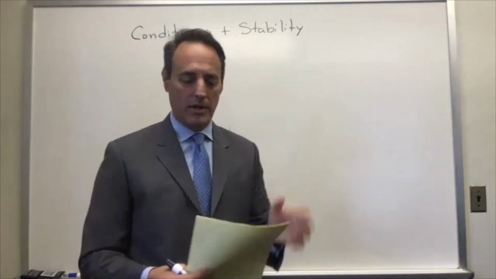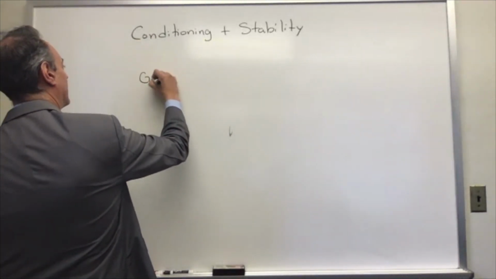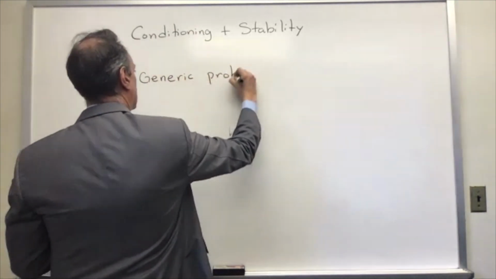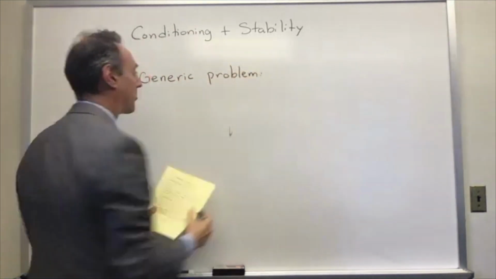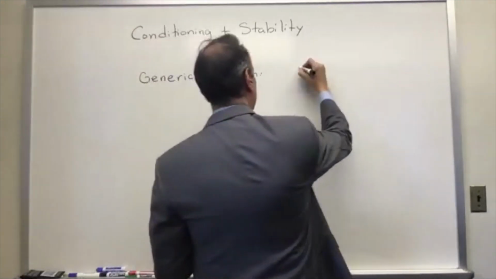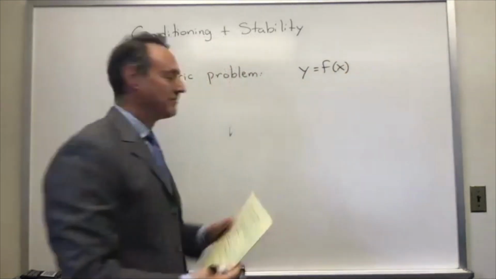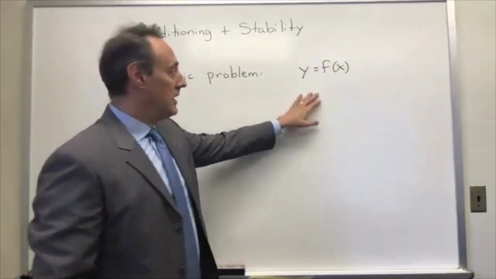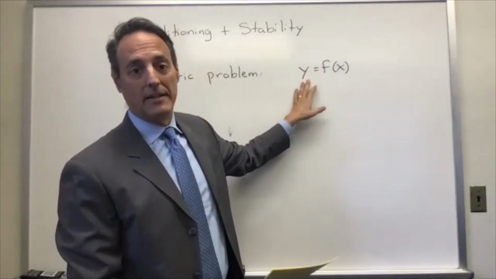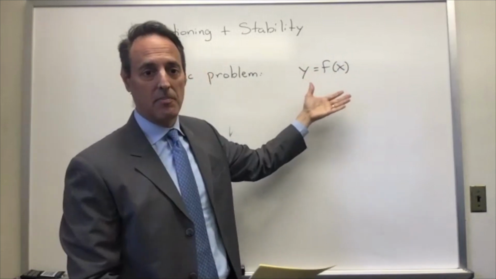So the problem I want to consider is something like this. Here's your generic problem: take some input values X, map them to Y. That's it. This is a problem we solve all the time.